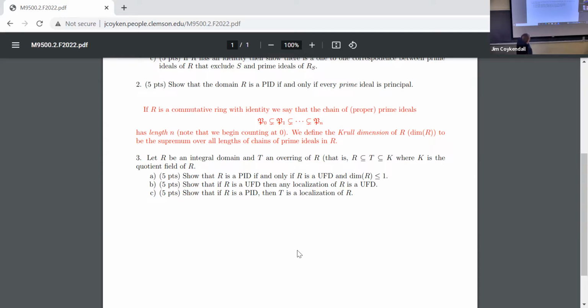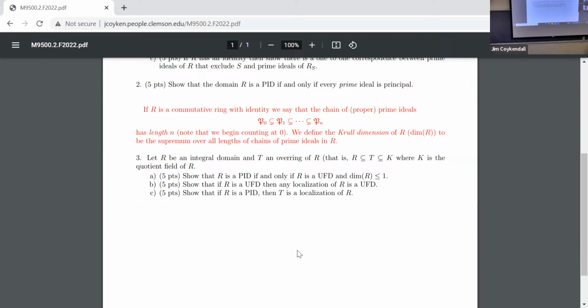We define the Krull dimension of R to be the supremum over all lengths of chains of prime ideals that you can find. So you look at all possible properly ascending chains of primes, and you take the supremum over all those. This is called the Krull dimension. In a certain sense, this is a very popular measure of size of a ring, right? It's basically how high can you stack your prime ideals, right?